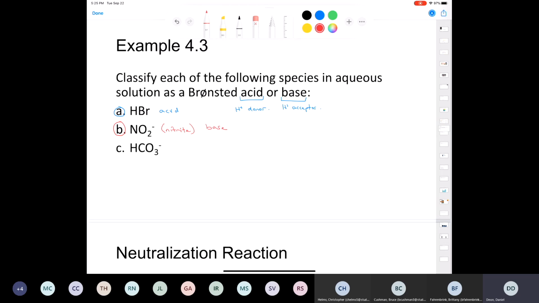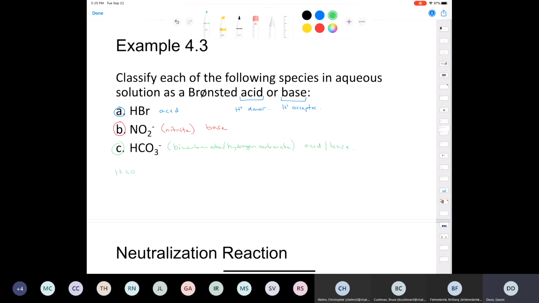And then I'll help you with the last one. The last one here is called bicarbonate, or hydrogen carbonate. Either one works. And the answer is that hydrogen carbonate could be either an acid or a base. Now, let me give you an example.